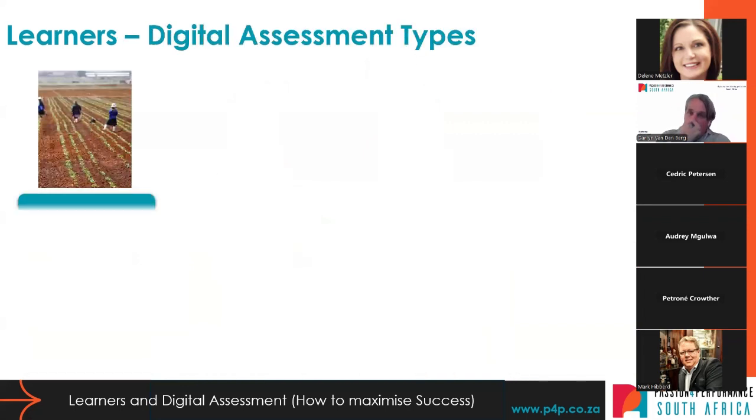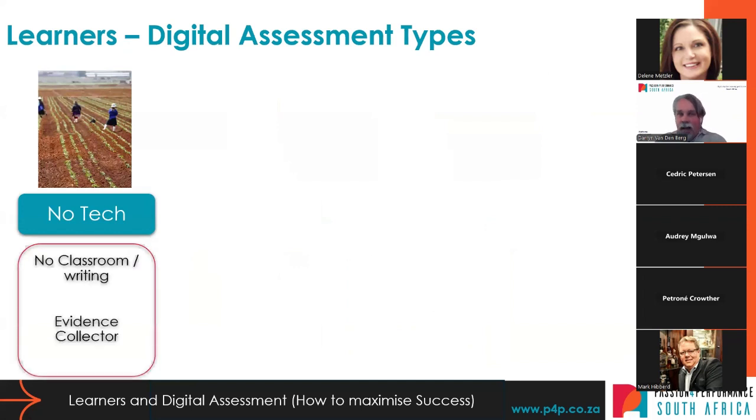Right? If you look at the assessment types, you have typically a no-tech portfolio being built, or no-tech engagement with learners. And if your learners are no-tech, to assume or to expect them to log on via tech, you're setting yourself up for a lot of difficulty.